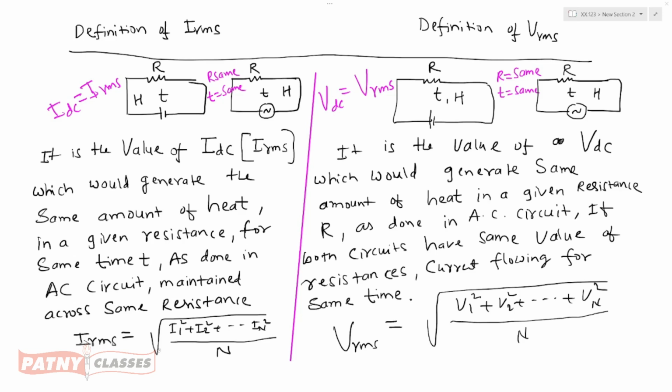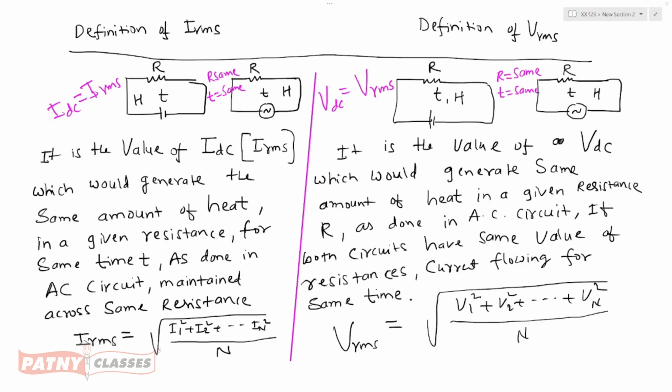So it will produce the same amount of heat in a given resistance for the same time as done in AC circuits maintained across the same resistance. Then IRMS is given by I1 square plus I2 square and so on In square upon n. So this is the basic definition of IRMS.